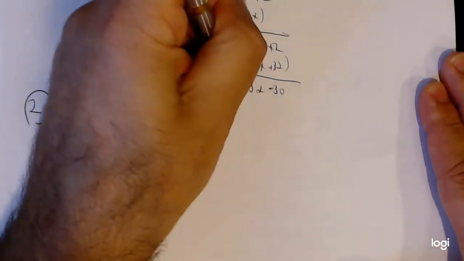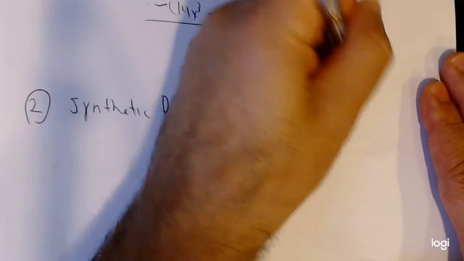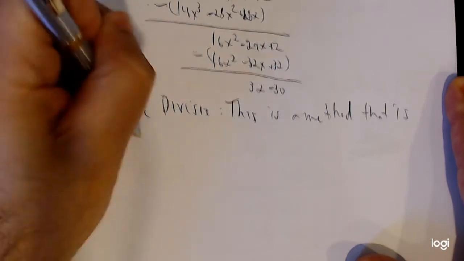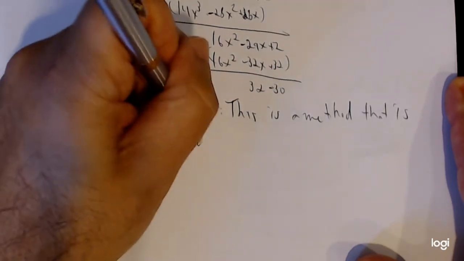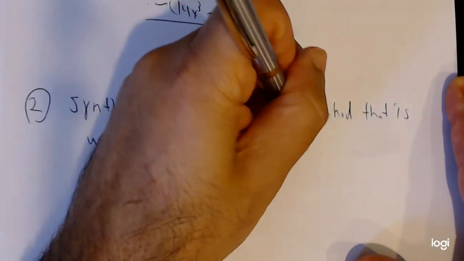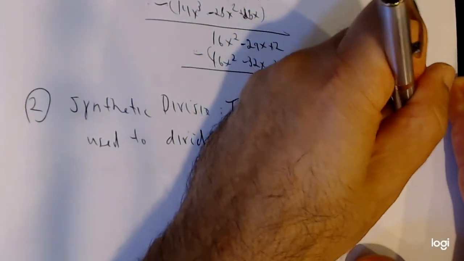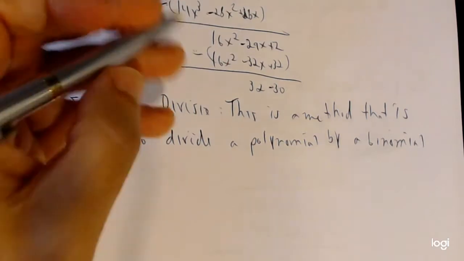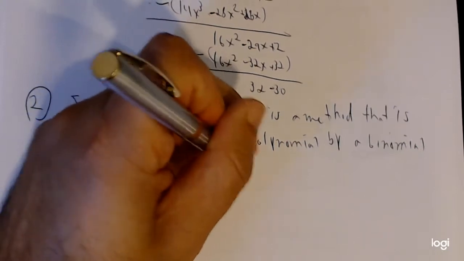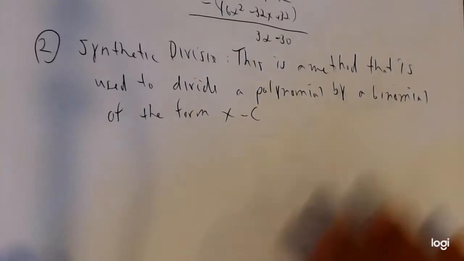So we would say that this is a method that is used to divide a polynomial by a binomial of the form x minus c.